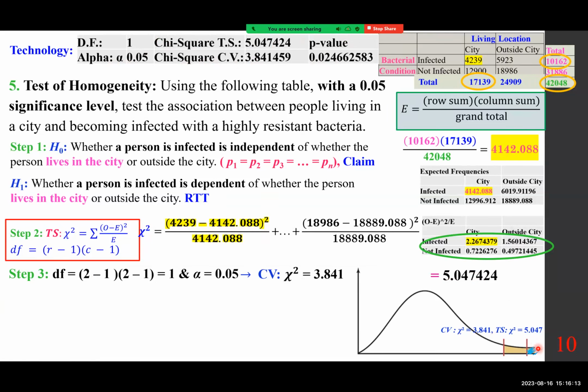And so the p-value, of course, if you want to go with that route, is less than alpha of 0.05, and we have the same result. Reject H0. And therefore, you're rejecting independence and the claim. So this is also from technology.